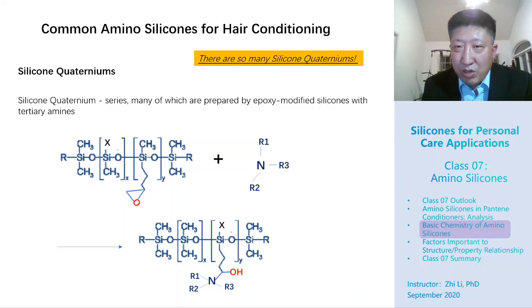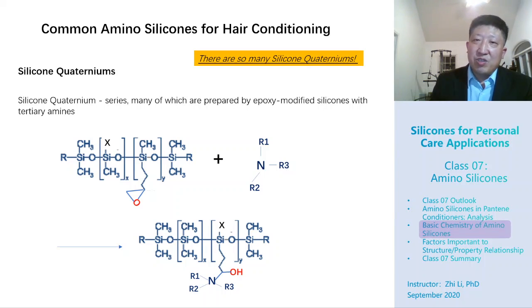This epoxy modified silicone is very common in the coating industry, or as a coupling agent. Silane treatment on a surface could result in the surface being very reactive with the epoxy group. So this is very common in silicone suppliers as a building block.